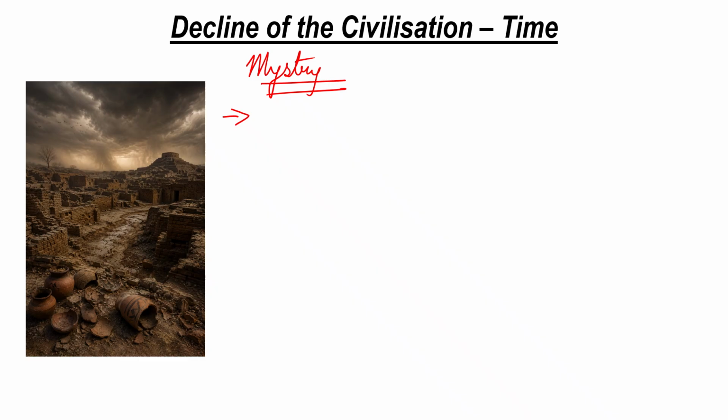The decline happened around 1800 BC, and several causes have been suggested. We will discuss those causes one by one.